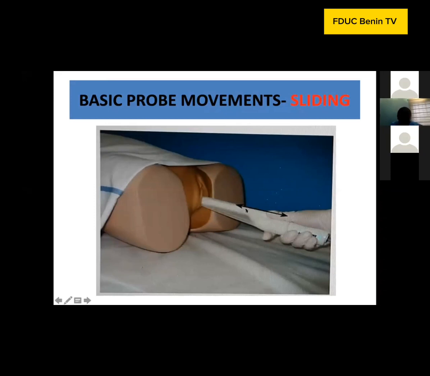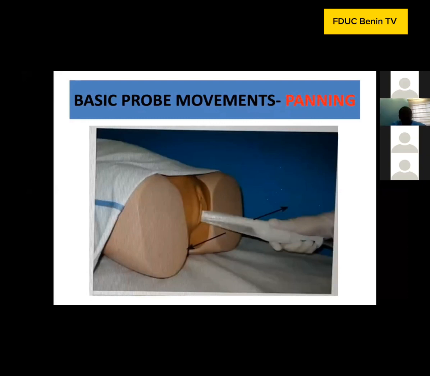The arrow on the screen shows us the direction of movement, which is along the axis of the probe. The sliding movement traditionally is in the anteroposterior direction with the transducer marker.